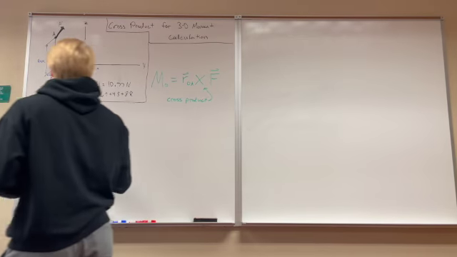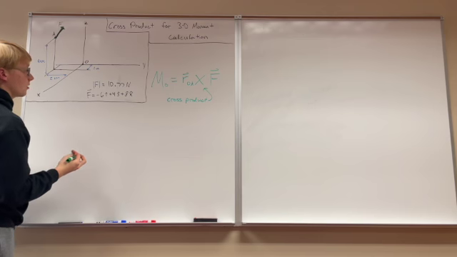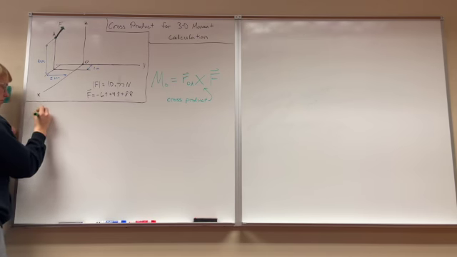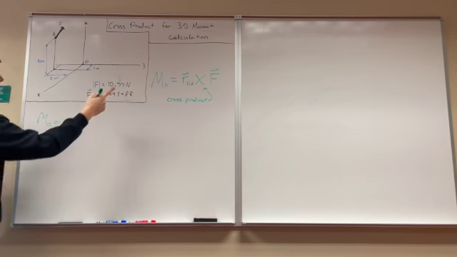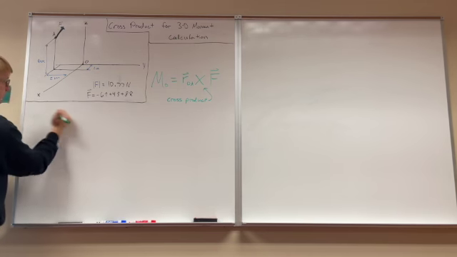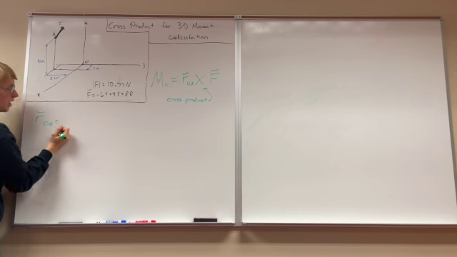I'll explain the cross product when we get there. But we'll start. The moment is going to equal, actually, we'll take it part by part. The distance from O to A.